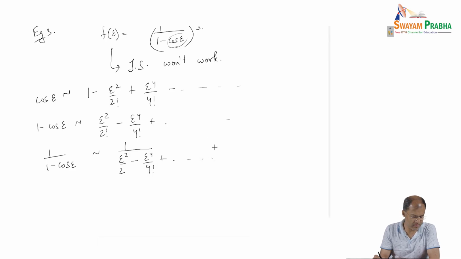right? And we see that this is also equal to 2 by epsilon square, then divided by 1 minus epsilon square by 12 plus and so on and so forth. Right?